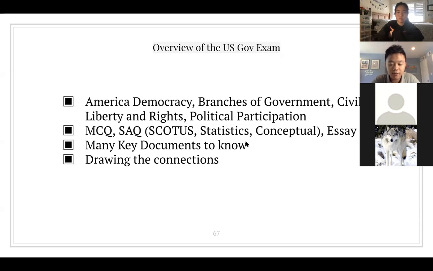And last, it's very important in Gov, well, equally as important in APUSH and WHAP, that you're able to make connections between the different events and the different documents that tie into a big net. And yeah, next slide, please.